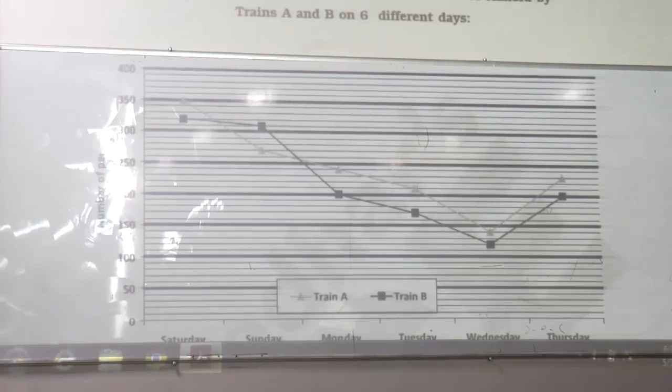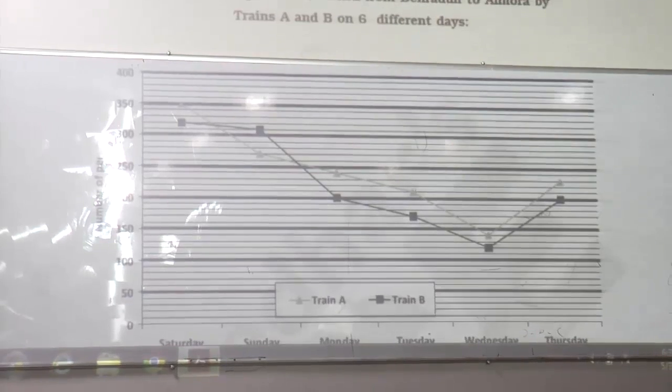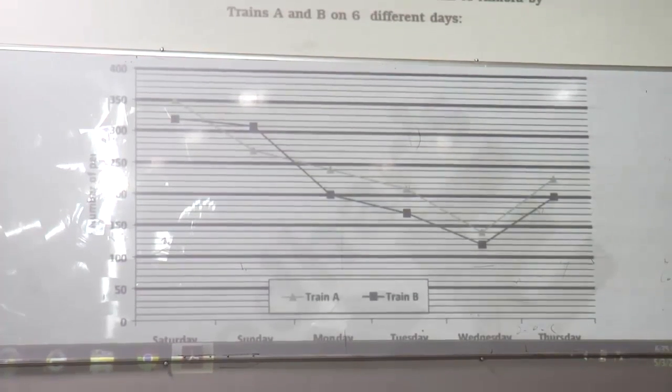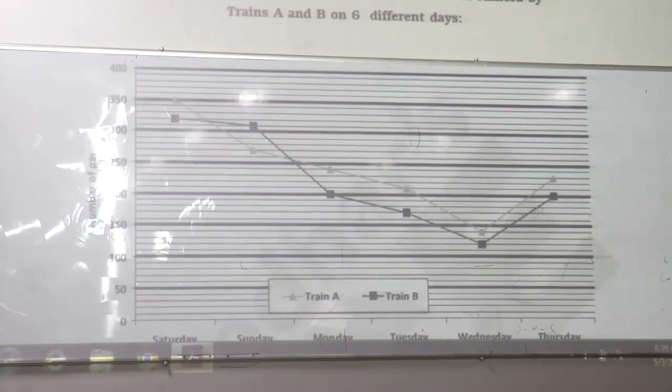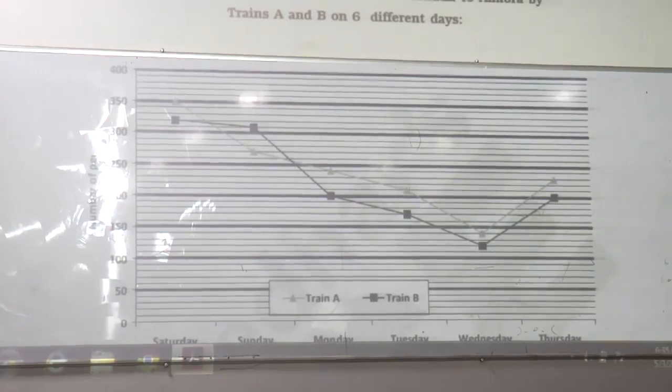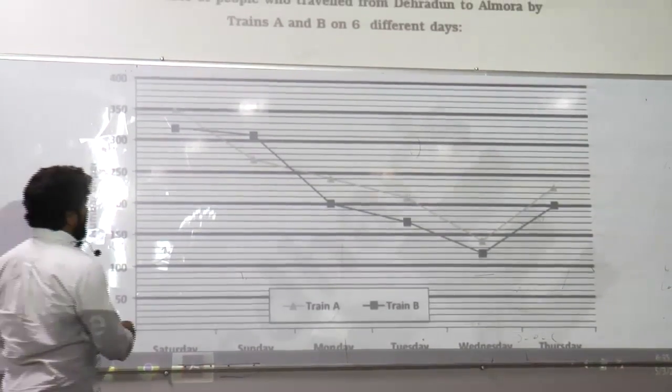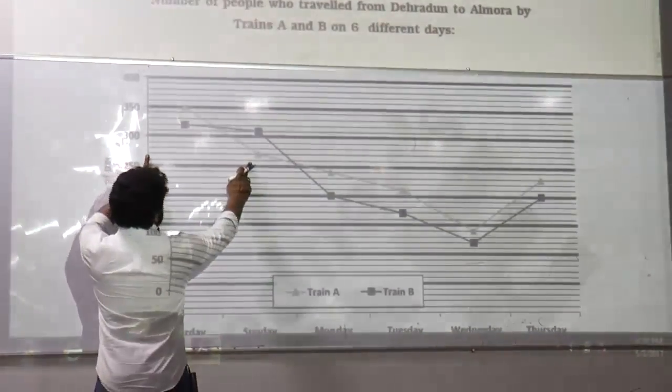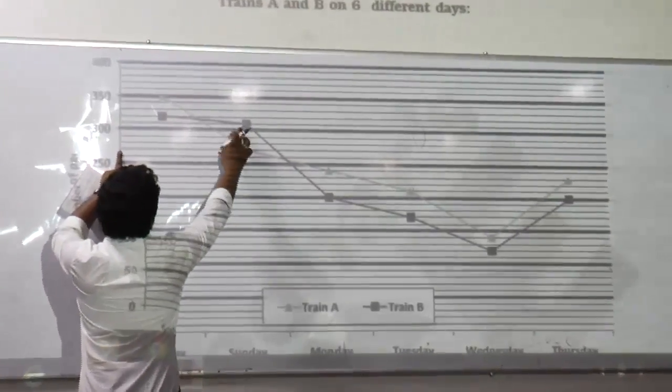The total number of people who travelled by both the given trains together on Sunday is approximately what percent more than the total number of people who have travelled by the given trains together on Wednesday? Sunday versus Wednesday. This is 270 and this is 310.